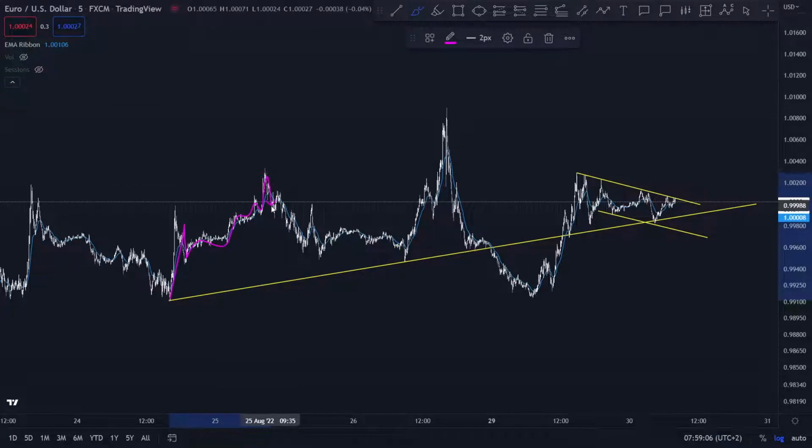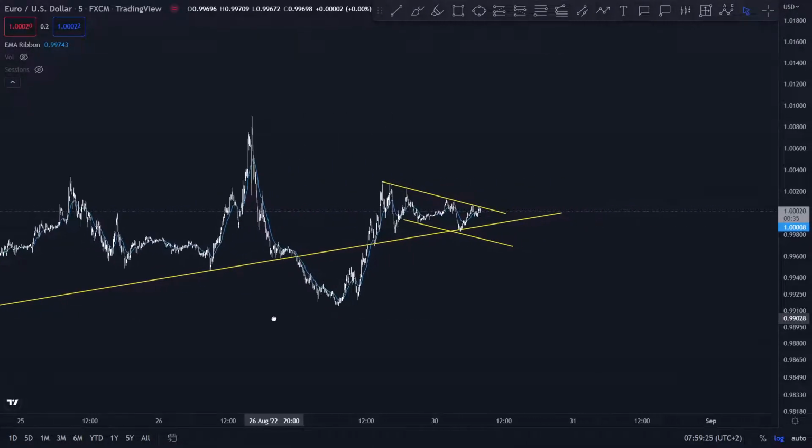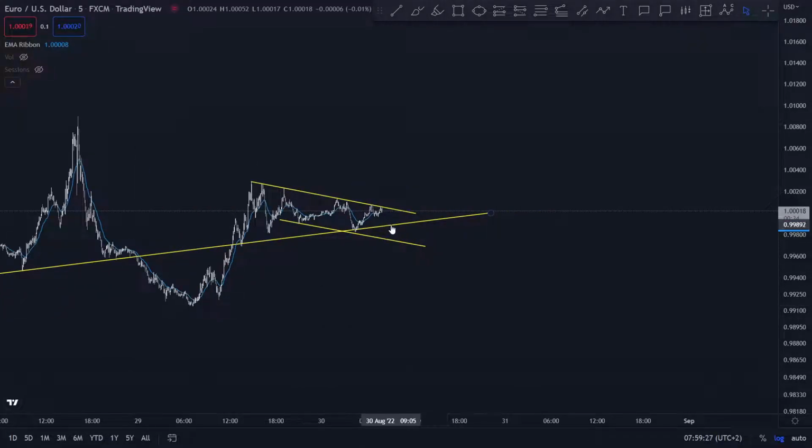We had a downtrend. So basically we had a downtrend above this trend line, which means we can have a downtrend above the trend line. That's another downtrend above the trend line. So we can have a downtrend here.